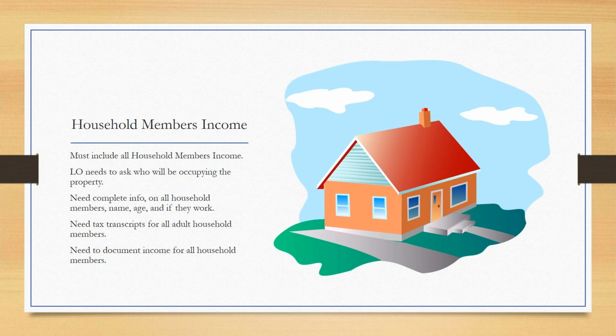If there are college-age children, or a brother, sister, mother, father, somebody else living in the property with you, those all need to be identified, and whether or not they work. We also need tax transcripts for all adult household members, even if they aren't on the loan. And then we do need to do some minimal income documentation for the household members, because that household member income is going to contribute to the eligibility income.